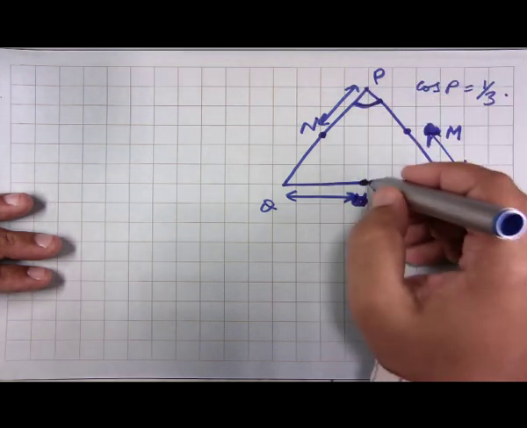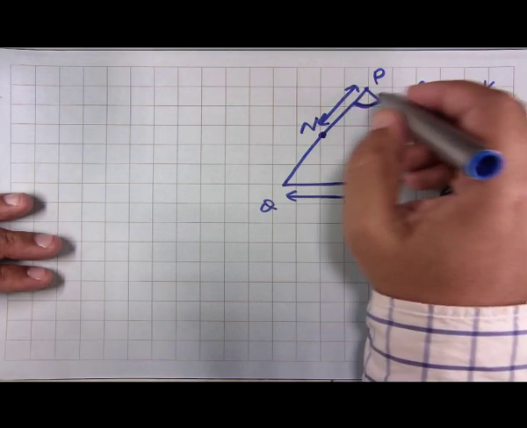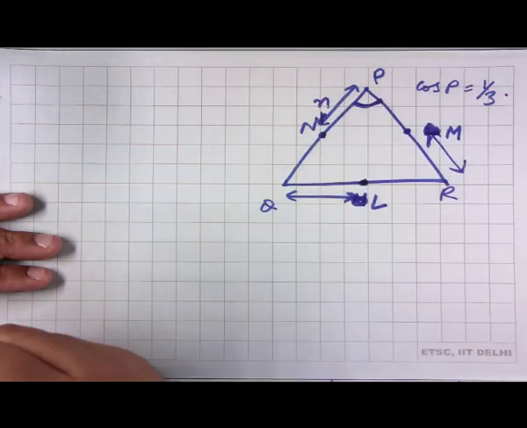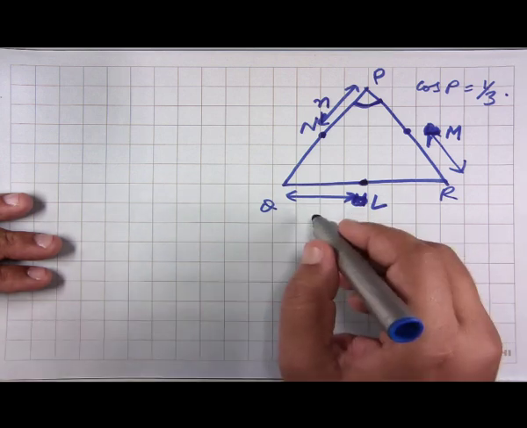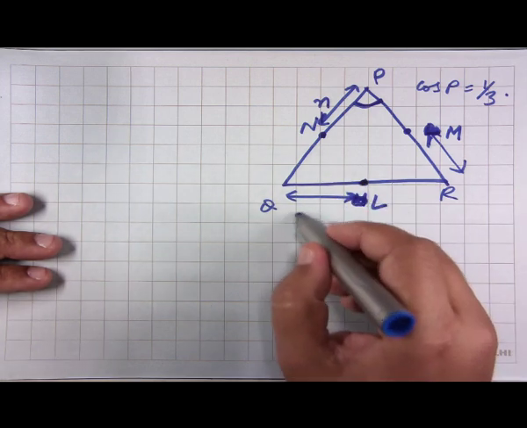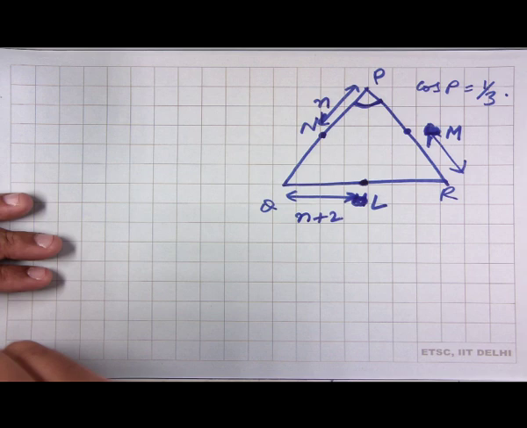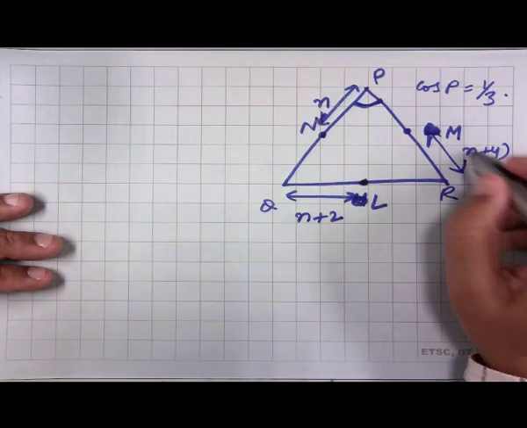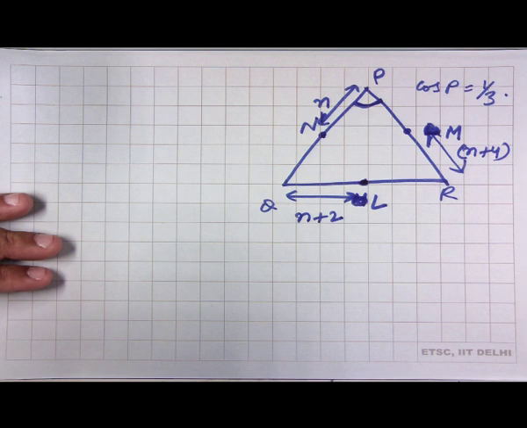So, let us say that this is n, and therefore, this QL has to be n plus 2 and then this RM is n plus 4. This is because it is said in the question that these three lengths are consecutive even integers.